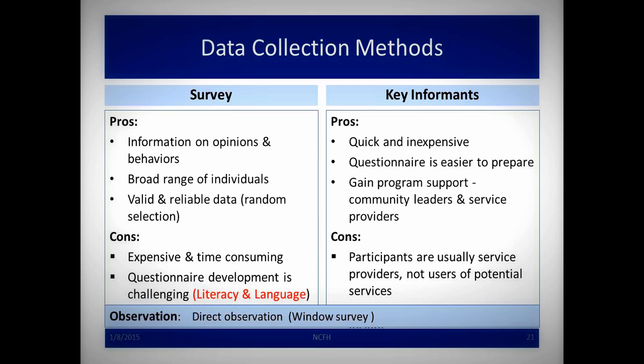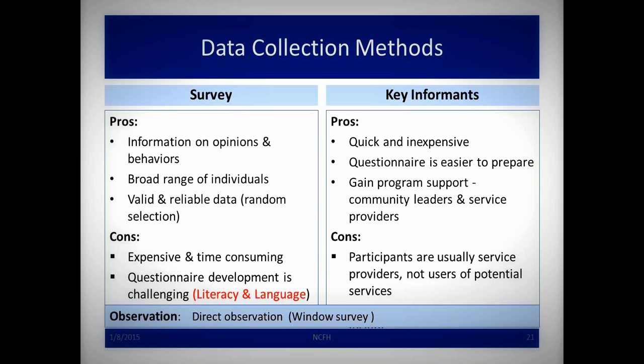For example, if you are doing a survey, the advantages are that you can collect good information on opinions and behaviors. You can reach a broad range of individuals through surveys. The data that you can collect with them will be very valid and reliable, especially if you use good random selection methods.